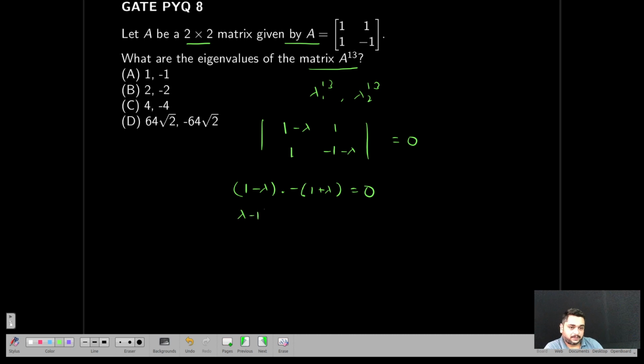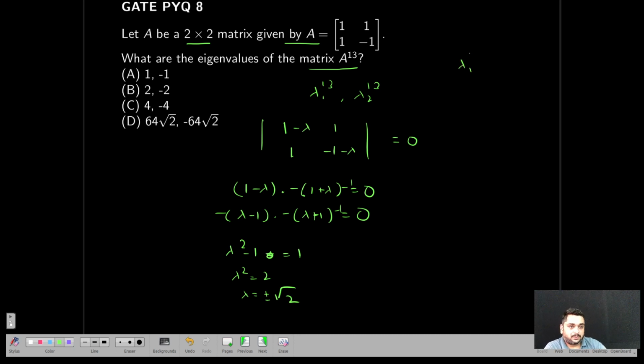Or (lambda minus 1)(lambda plus 1) minus 1 equal to 0. Now this is lambda square minus 1 minus 1, which is equal to 2. So lambda square is equal to 2. Lambda equal to plus or minus square root of 2.